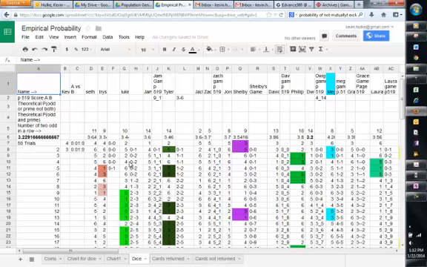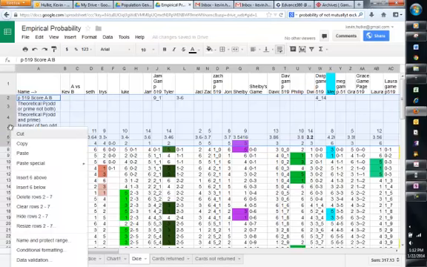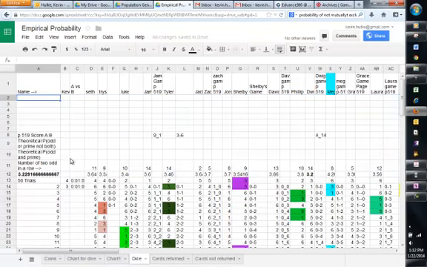I'm going to put in 6 rows here for you to do it. 1, 2, 3, 4, 5, 6. Insert rows above. Okay? So the number 1, 2, 3, 4, 5, 6.